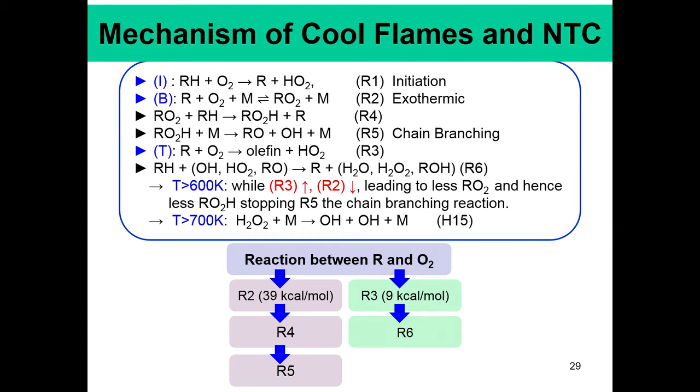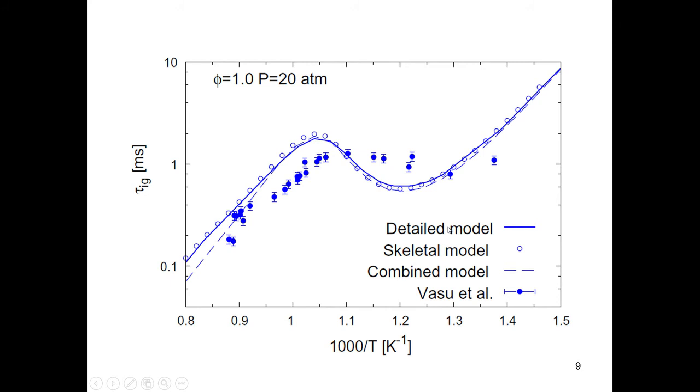So, what is the mechanism of this cool flame and this NTC? Now, this is important because, as we saw even in the previous slide, the Dodecane slide, if we go back, yeah, this is the slide showing the NTC behavior.